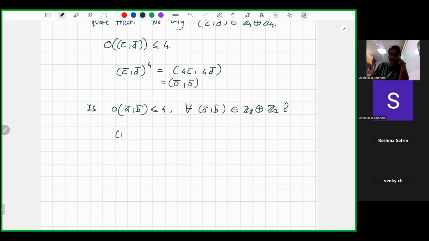We can take this, right? (1 bar, 0 bar). What is the order of this? The order of this is 8 in Z8 plus Z2.